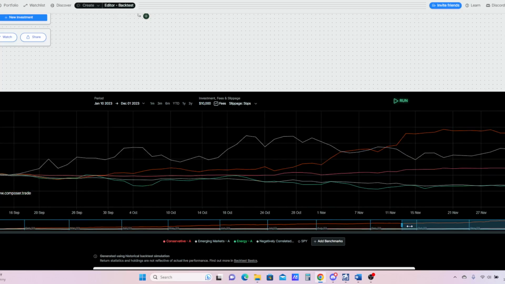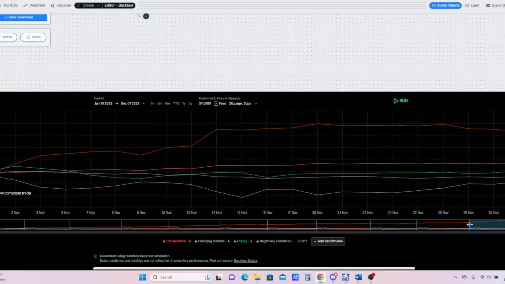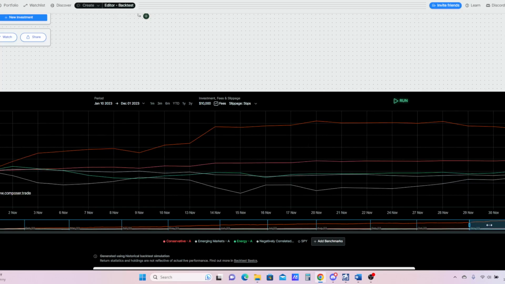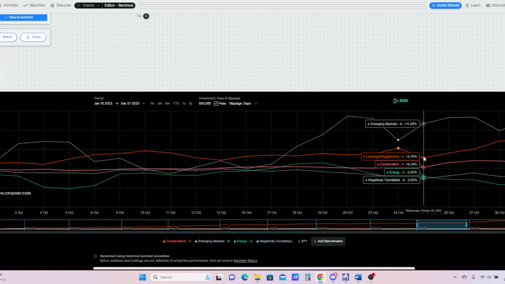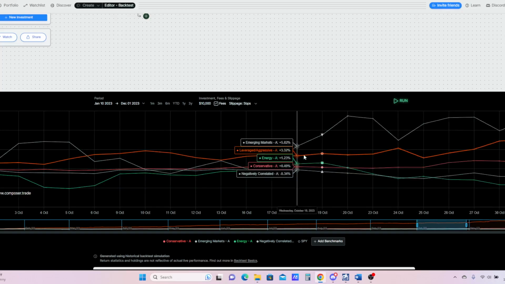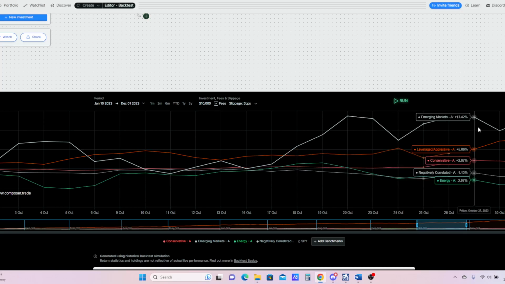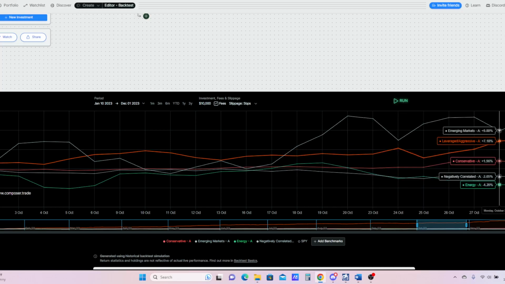And that's kind of the point, because if you go month by month, all of these are sort of all over the place. Some months, one will do much better than the others. Some months, some of them will be negative, some will be positive.